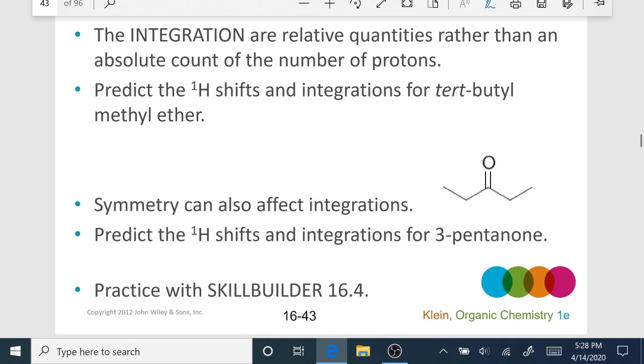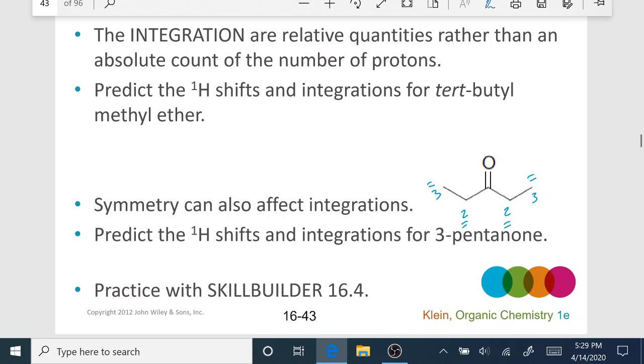So the integration is a relative quantity rather than an absolute count of hydrogens, and symmetry can affect that integration as well. So here we have 2 hydrogens to 3 hydrogens to 2 hydrogens to 3 hydrogens, right? But these 2 are equivalent to these 2, and these 3 are equivalent to these 3.